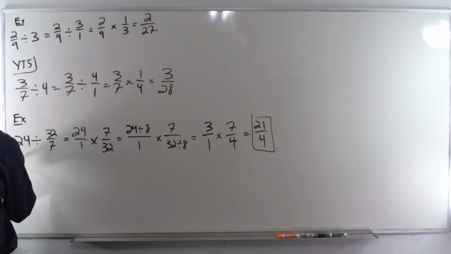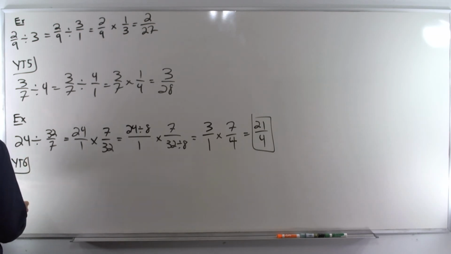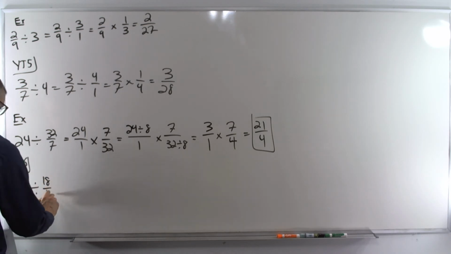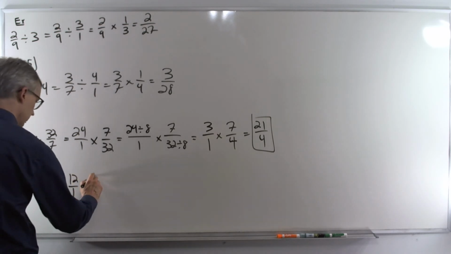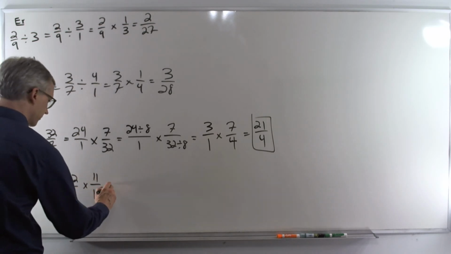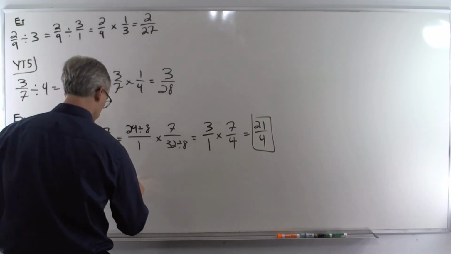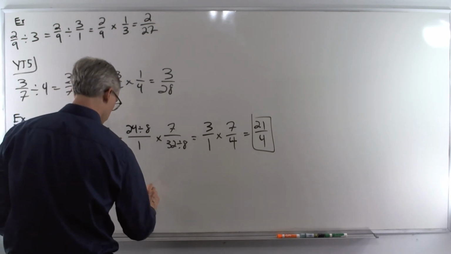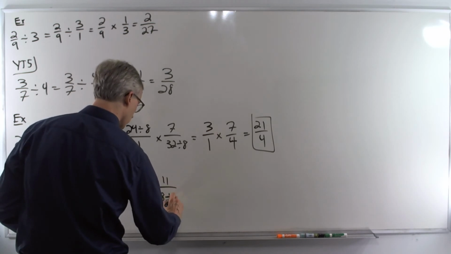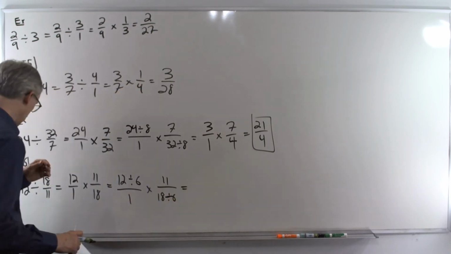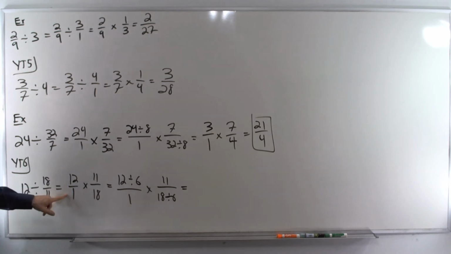Your turn, number 6. All right, write 12 as 12 over 1.